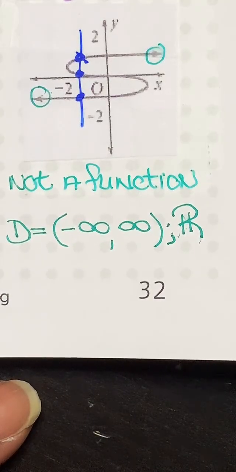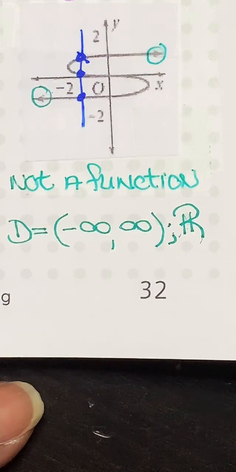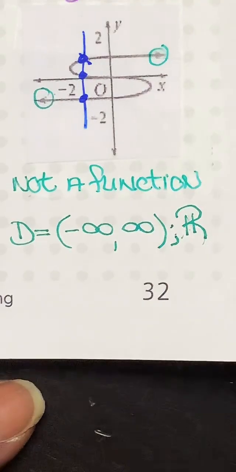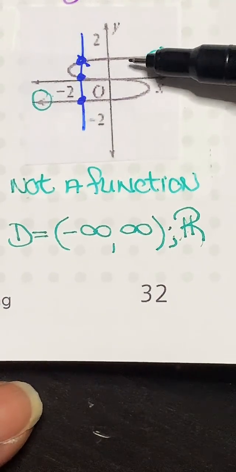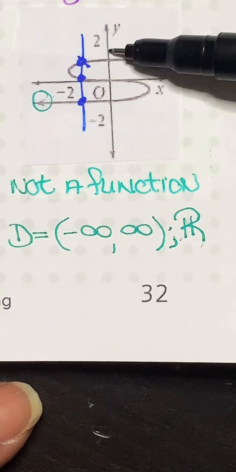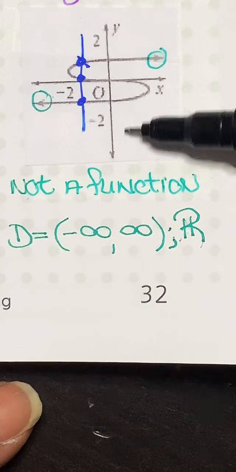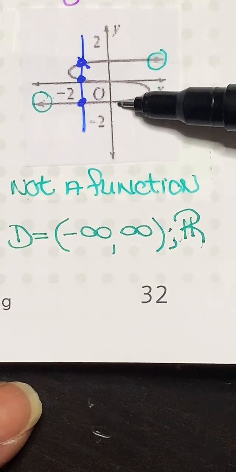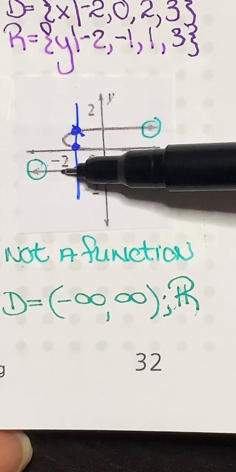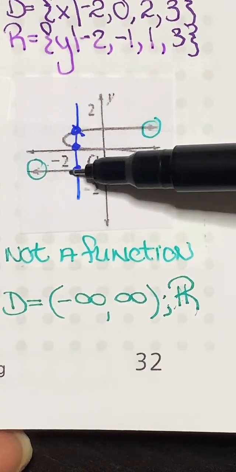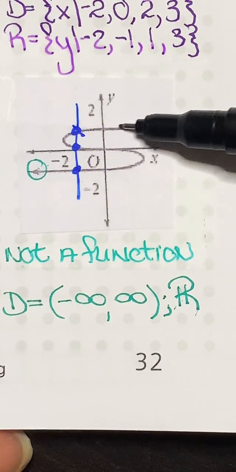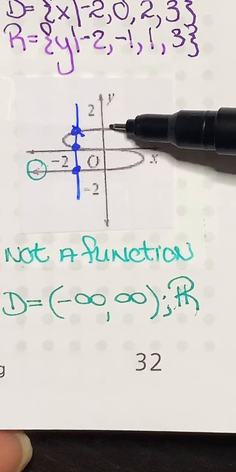Now, the range though, I know, right? We fancy. So the range, remember, the range is going to deal with your Y's, the bottom to the top. The lowest part, because there's nothing past -1. Okay, so since there's nothing past -1, -1 has got to be the lowest part. So the highest part is going to be right here at +1.